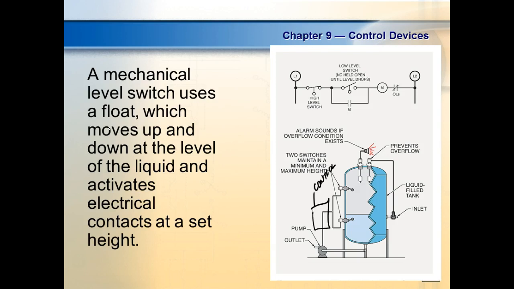A float switch tells us when liquid gets up to a certain level or gets below a certain level. So in your car now, you've got an analog sensor that tells you the amount, but then it's combined with a float switch that comes on and says you need to stop and get gas.